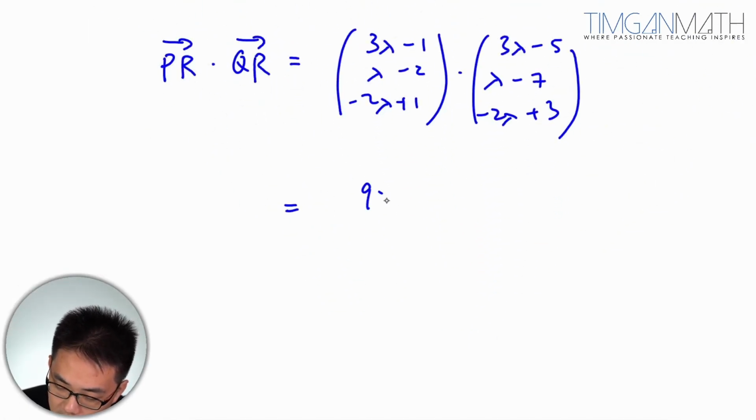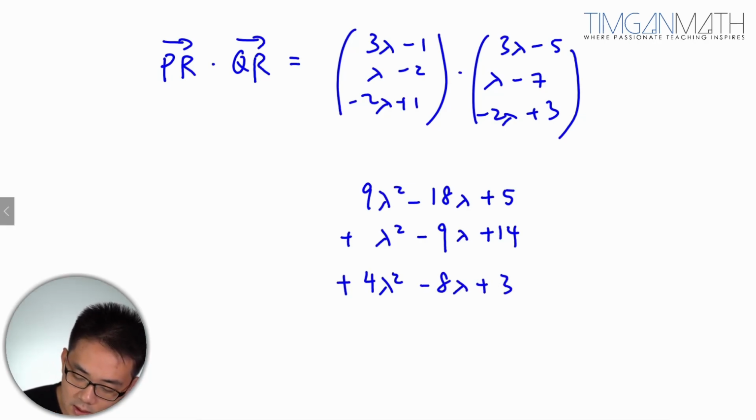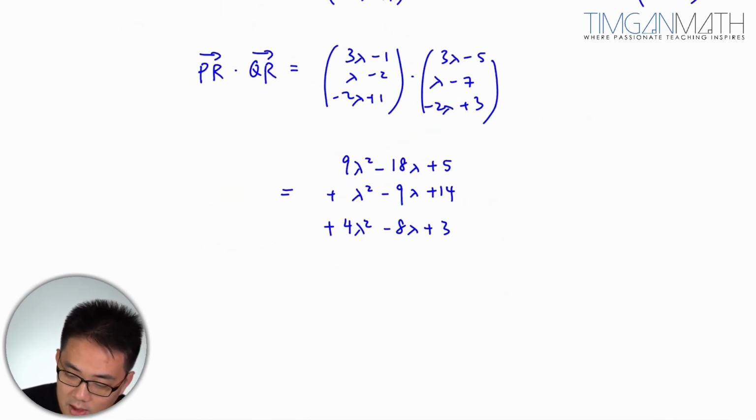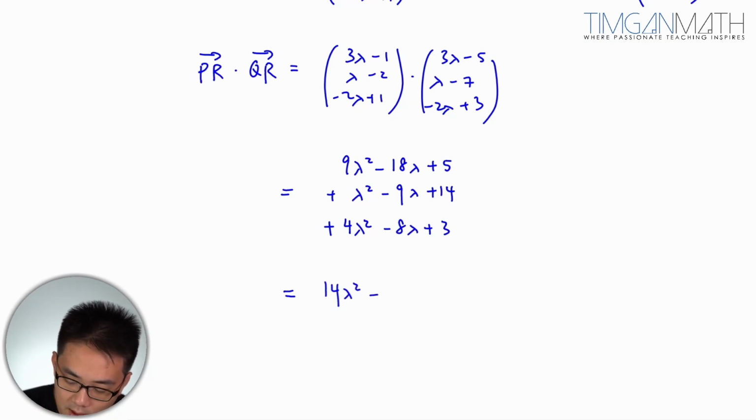So 9 lambda square minus 18 lambda plus 5, add with lambda square minus 9 lambda plus 14, plus 4 lambda square minus 8 lambda plus 3. Basically I just dot them, right?